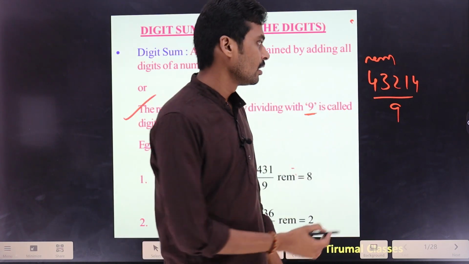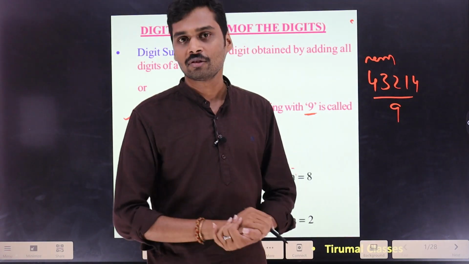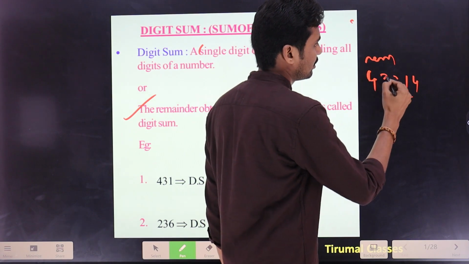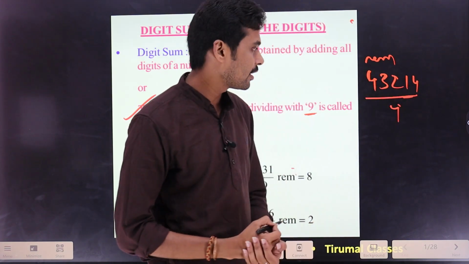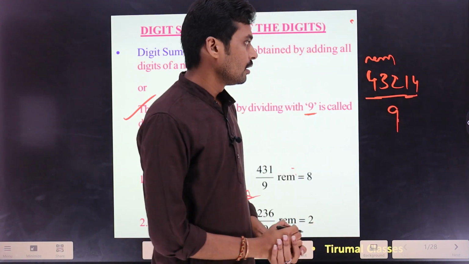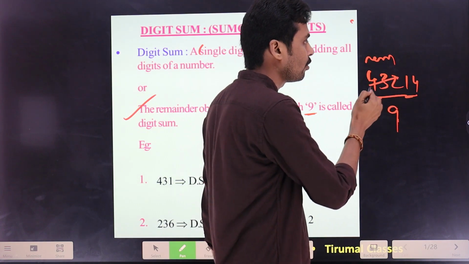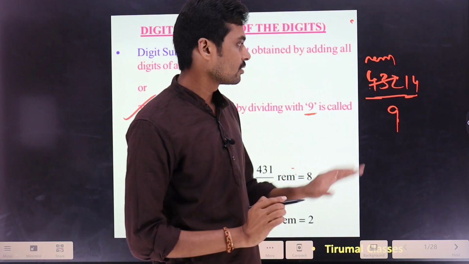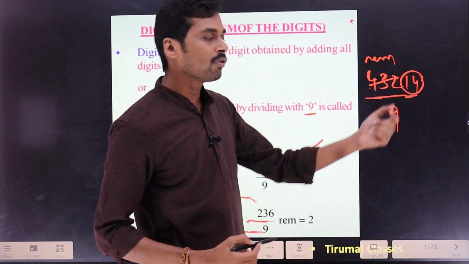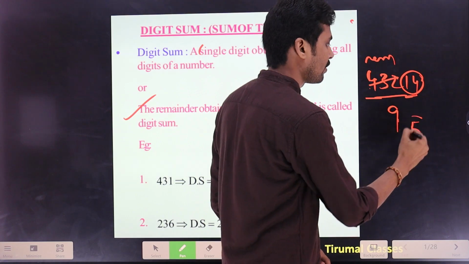Wherever you get a digit sum of 9, we can cancel out those numbers. Suppose you see this number, 432 14, and I am dividing by 9. 4 plus 3 plus 2 is 9, so you can cancel out those numbers and just take the remaining number. 1 plus 4 is nothing but 5.